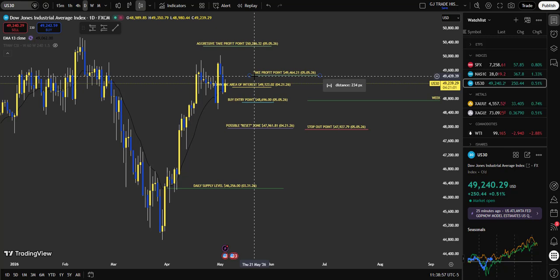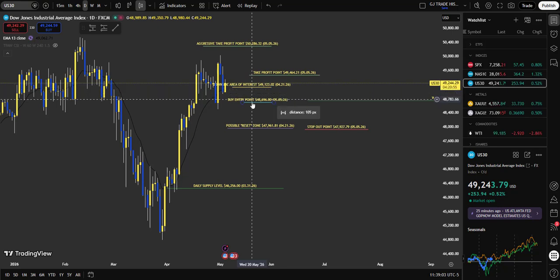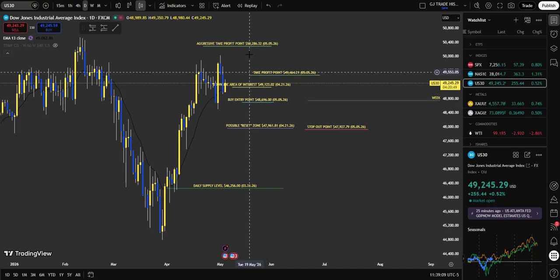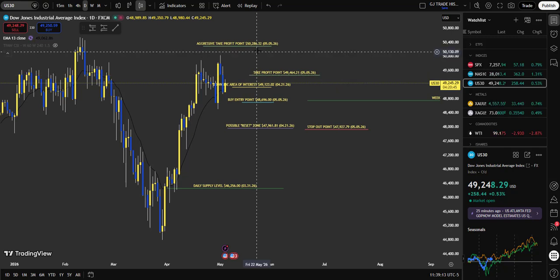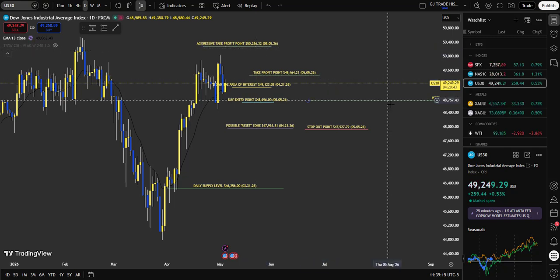I'd actually exit at the 49.464, or if you want to take partial profits and let it run, I would adjust my stop loss to just above the 48.696 so that we can protect that upside run and be more aggressive with that if you want to maximize the potential profit off the Dow before it possibly retreats.